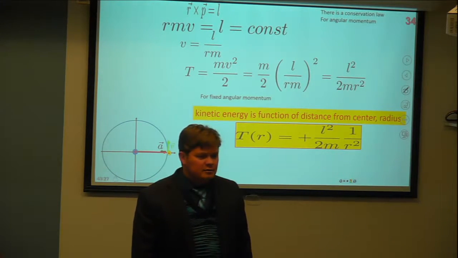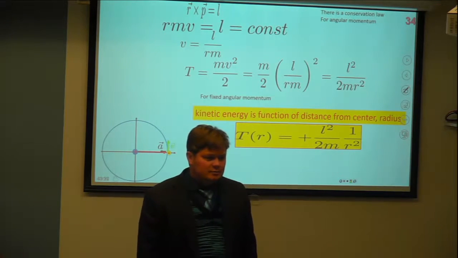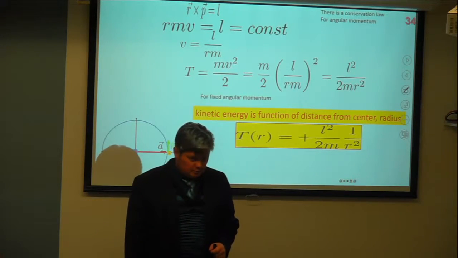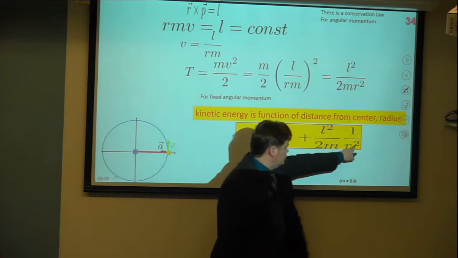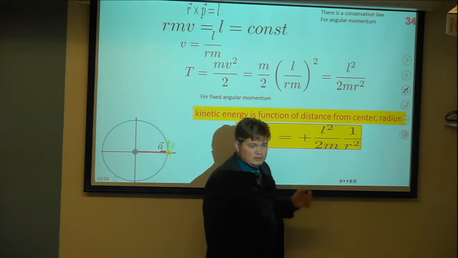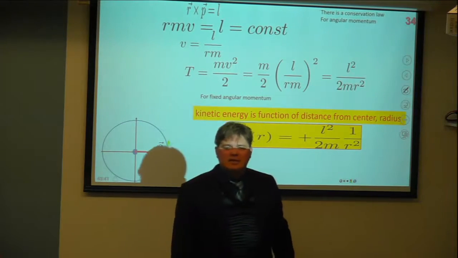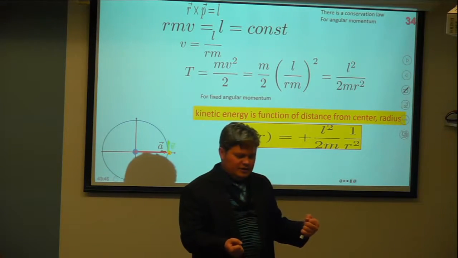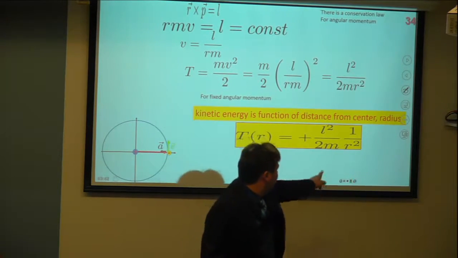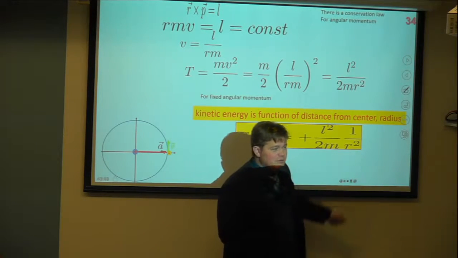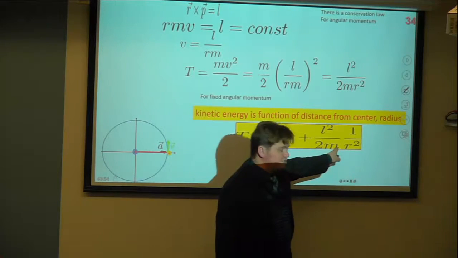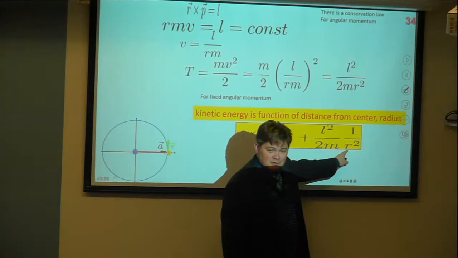What does it mean? How can we analyze it? So it is always positive, right? 1 over r squared will always be positive. What will be this kinetic energy if you are steering too sharp, if the radius is really small, tends to 0? 1 over 0 will be infinity.